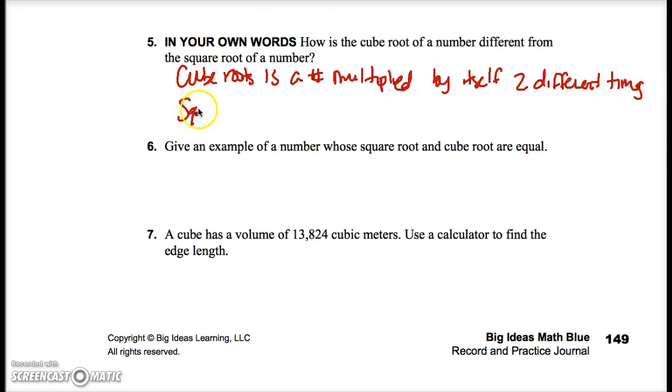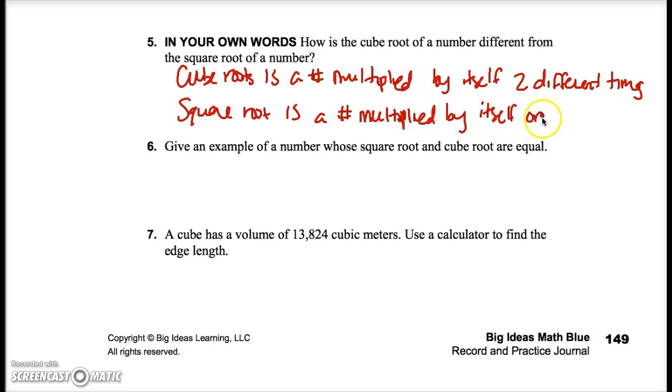A square root is a number multiplied by itself once. Okay? So when you're cubing something, your exponent's 3. When you're squaring something, exponent's 2. And that should just be a review for you guys.